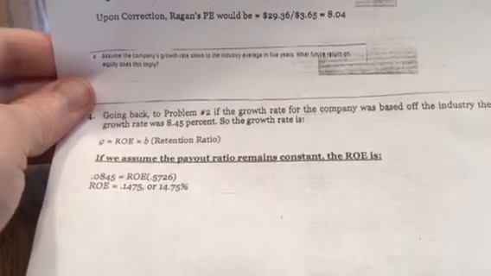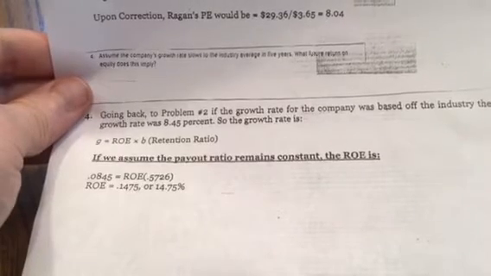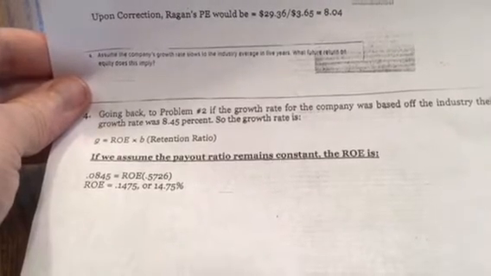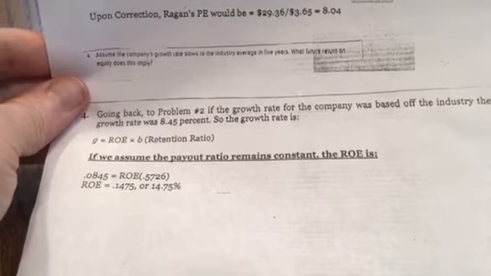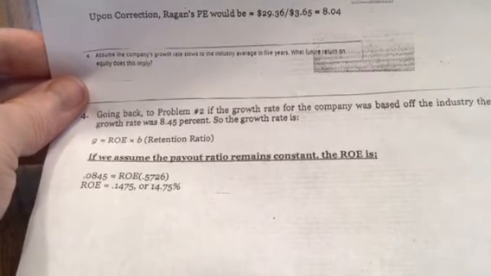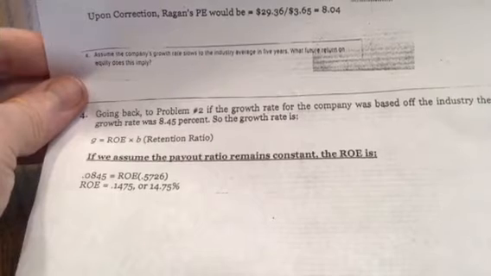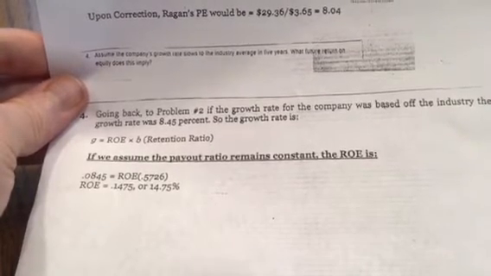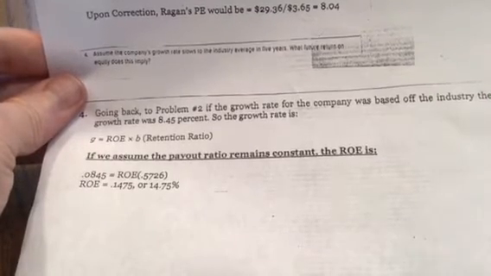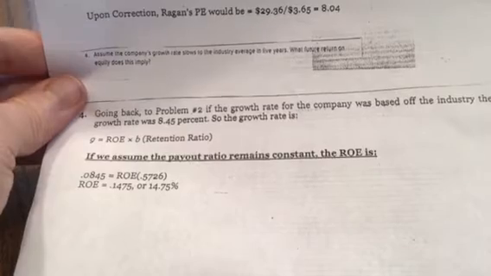Our new growth rate was 0.0845, and we're trying to calculate the ROE, and we still have the retention ratio, which was 0.5726. We divide the right by the left, and we get ROE equals 14.75%.